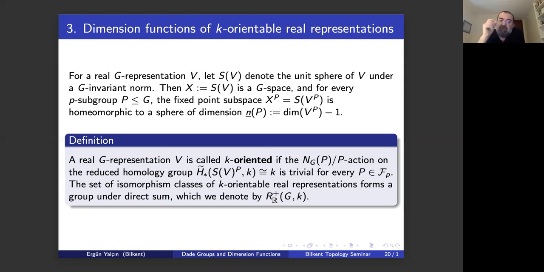So we want that action to be trivial. These are called K-orientable real representations, and they're denoted by R plus. So these are a special type of K-oriented ones, and their dimension functions give you an entire kernel. And that will finish the computation of the d omega.